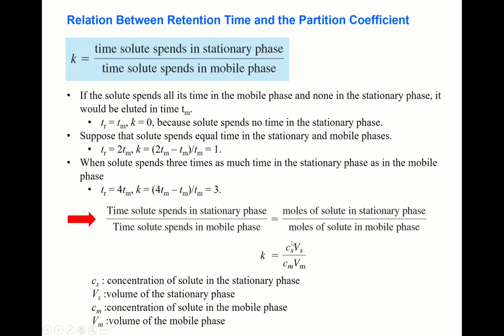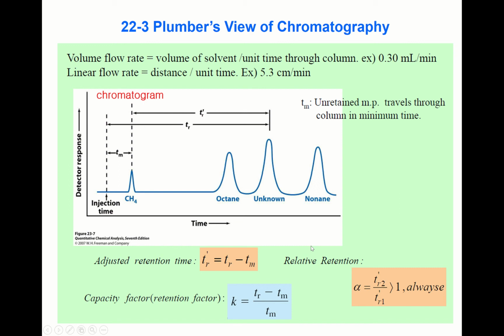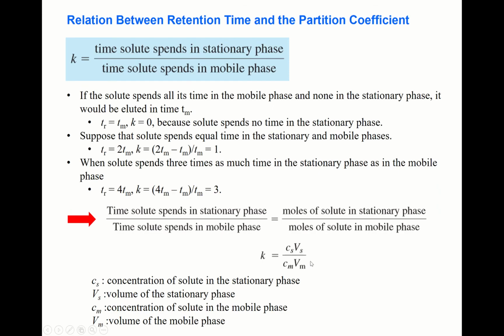Cs is the concentration of solute in the stationary phase, vs is the volume of the stationary phase, cm is the concentration of solute in the mobile phase, where m is mobile, and vm is the volume of the mobile phase.